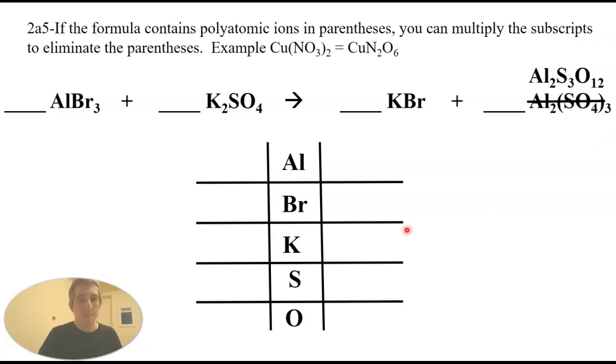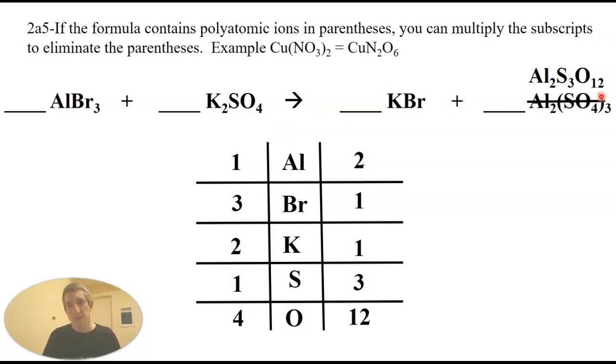I have 1 aluminum coming in, 2 aluminums coming out, 3 bromines coming in, 1 bromine coming out. There it is. I missed it. 2 potassiums coming in, 1 potassium coming out, 1 sulfur coming in. And now how many sulfurs coming out? These 3 here. And now I have these 4 oxygens over here, and then these 12 oxygens over there.